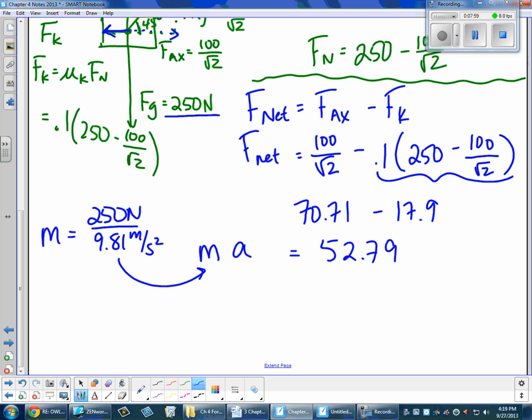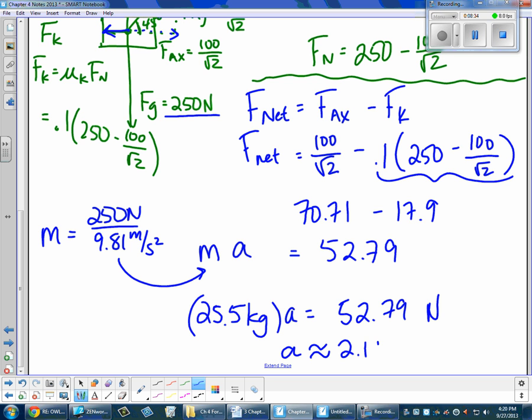So the mass of the box will be 25.5 kilograms times the acceleration equals 52.79 newtons, and now I divide to get 2.07, or about 2.1 meters per second squared.